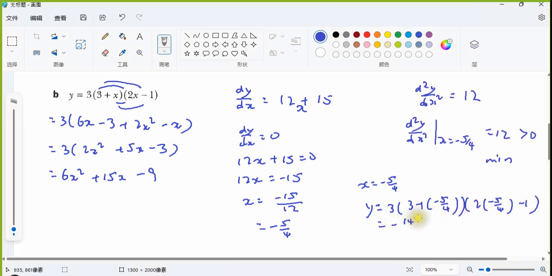So we have (negative 5 over 4, negative 147 over 8) is the minimum point.